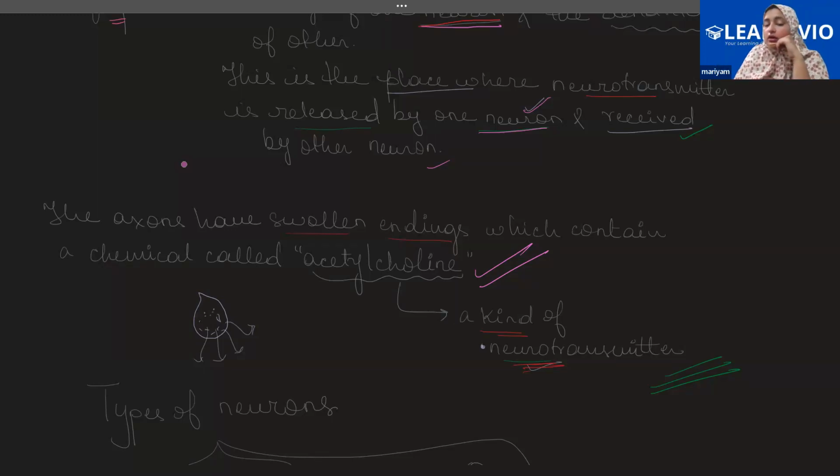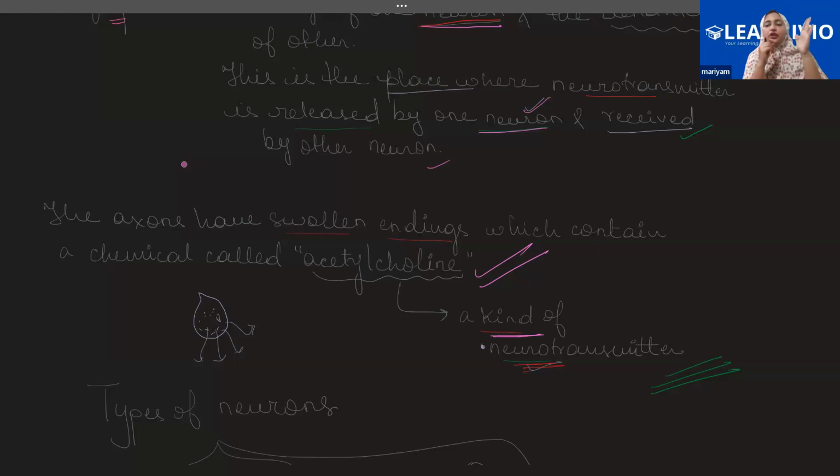The most common kind is acetylcholine. Acetylcholine is the name of that chemical, and it is a kind of neurotransmitter. It is released from the nerve endings of neuron number 1 and gets received by the dendrites of another neuron.